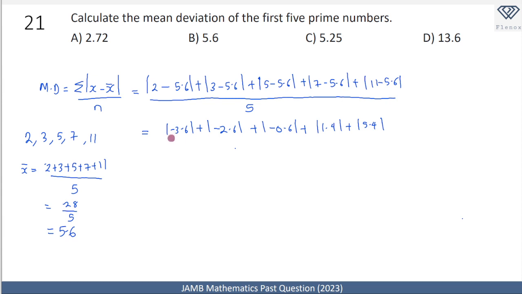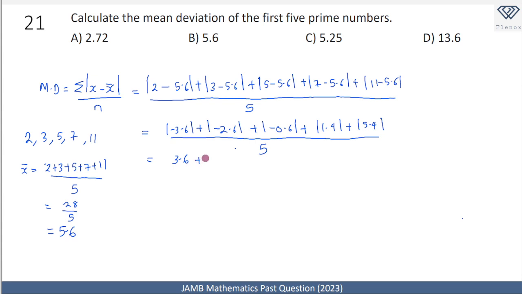So what is the meaning of these 2 vertical bars, the absolute sign? It means that we take the non-negative value of each subtraction. So the non-negative value of minus 3.6 is 3.6, in other words, we just disregard the negative sign.